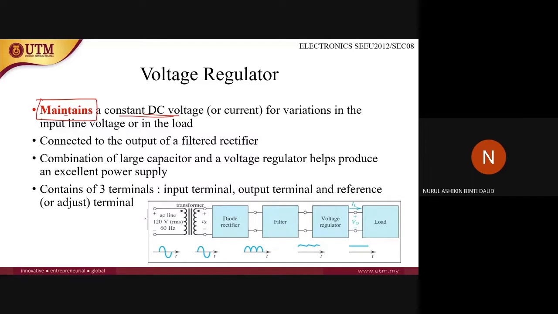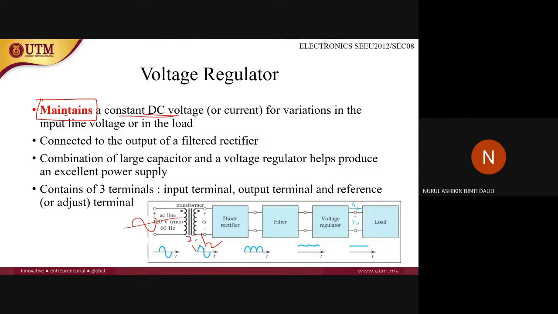As we know, the input voltage is usually in AC form. It will undergo a transformer, which will increase or decrease the value of the AC voltage source.